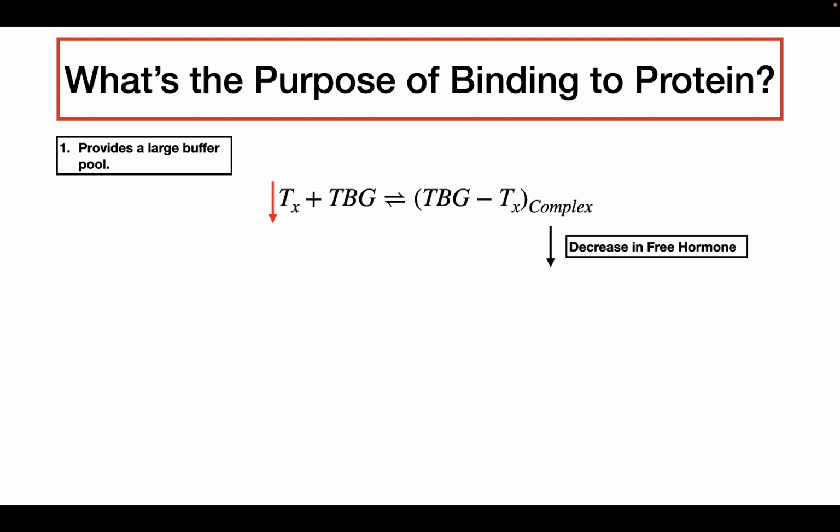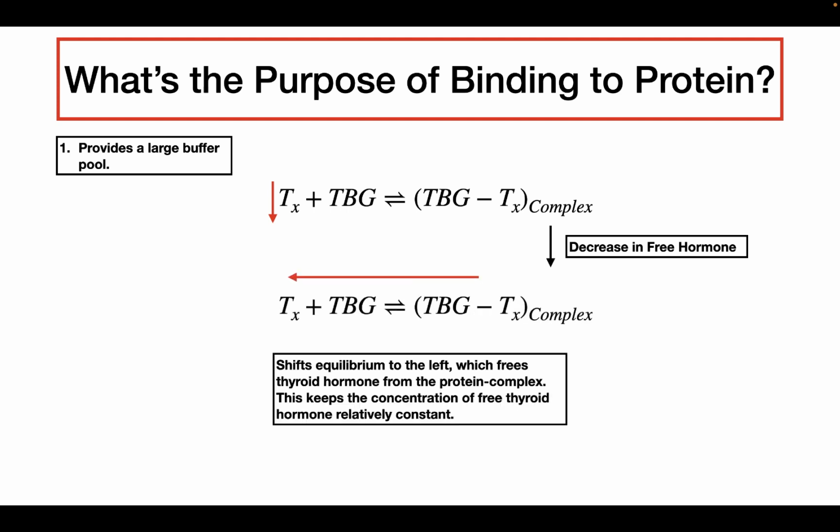When this happens, the equilibrium reaction will shift towards the left. As a result of this, thyroid hormone which is bound to the protein complex will be freed from that complex. And by freeing thyroid hormone from thyroid binding globulin, this will help to maintain the concentration of free thyroid hormone in the blood. So this keeps the concentration of free thyroid hormone relatively constant on a minute-to-minute basis.